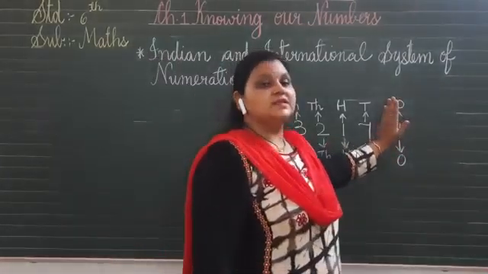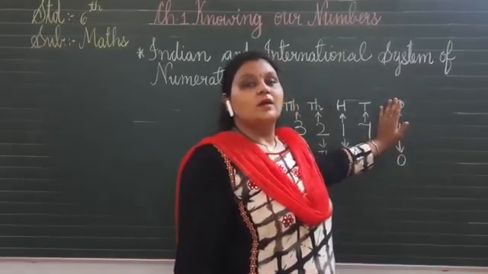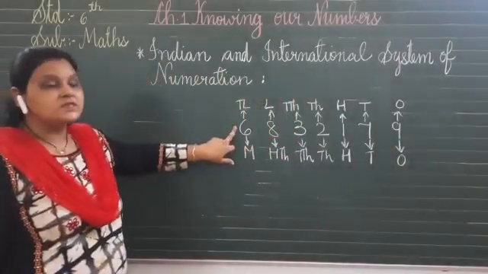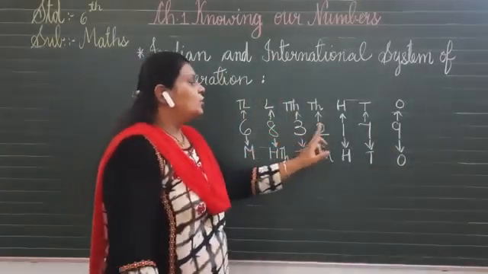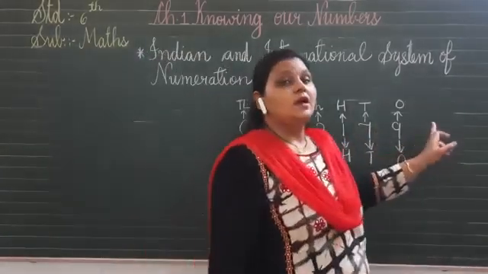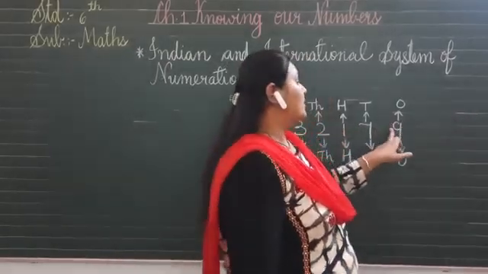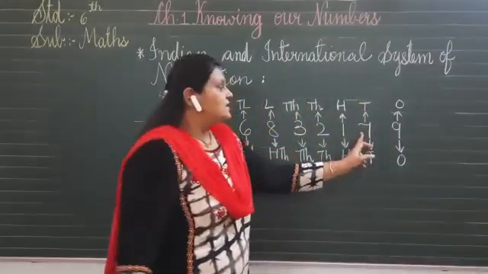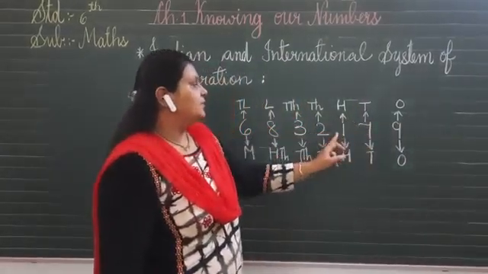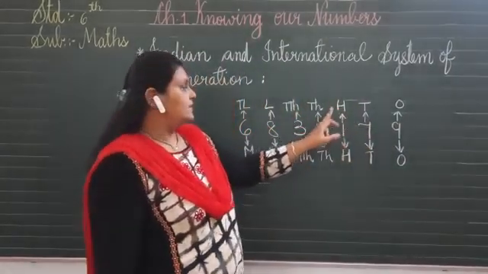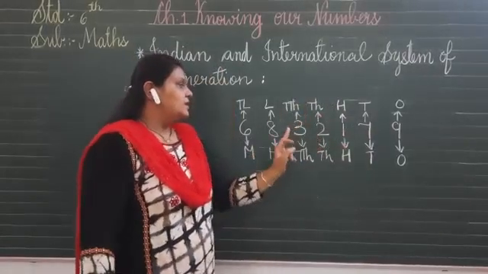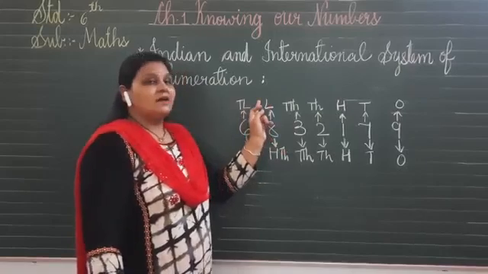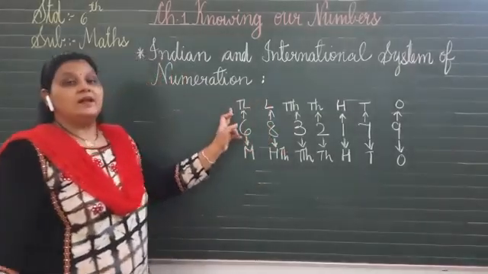Now here we can see the last digit of the number. The last digit of the number is called ones place, second last tens, third hundreds, fourth thousand, fifth 10,000, sixth lakh, seventh 10 lakh.